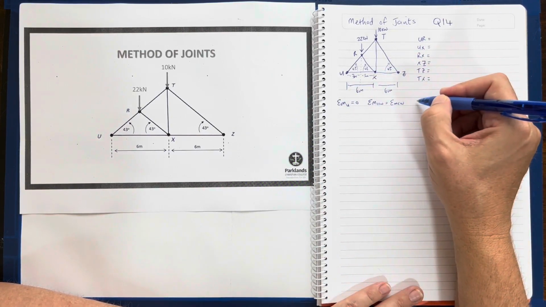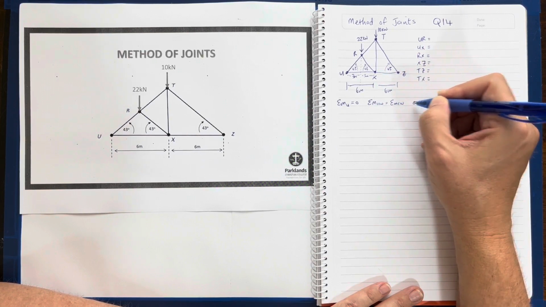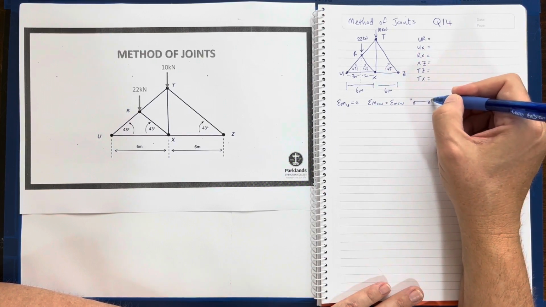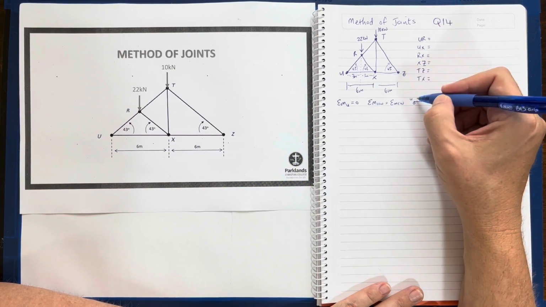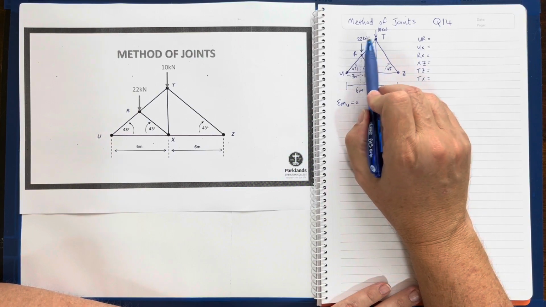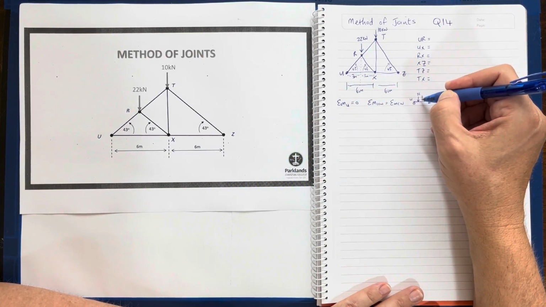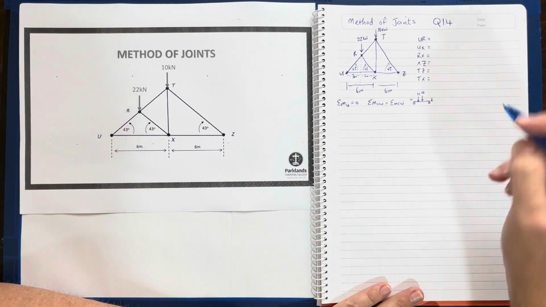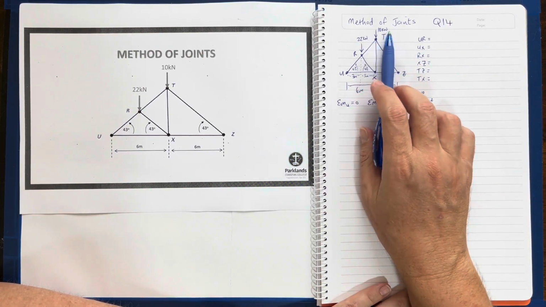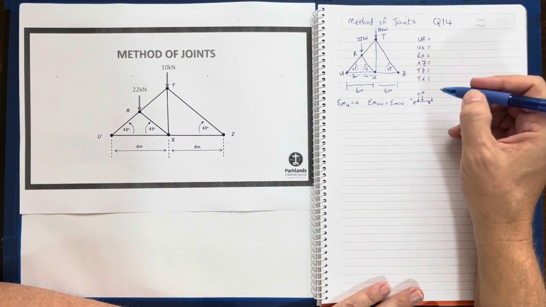I'm going to just draw this like that. I have U there, I have Z there, I have 22 there. I'm noticing both are in kilonewtons, so I have consistency in my units. So I'm just going to put the numbers down.